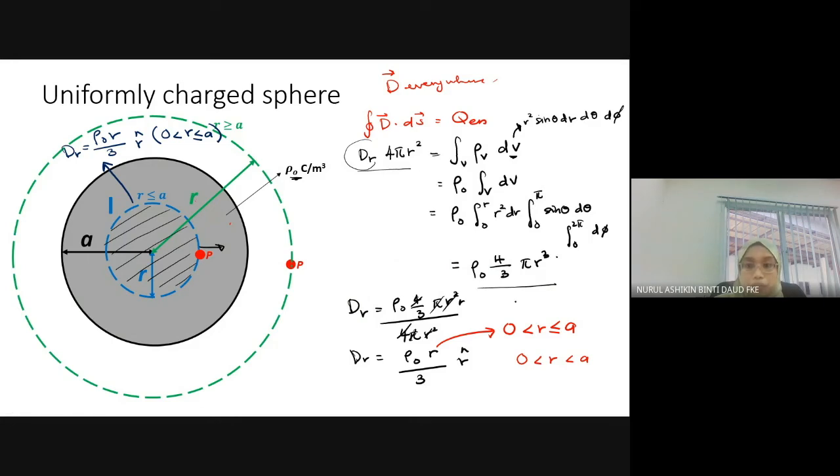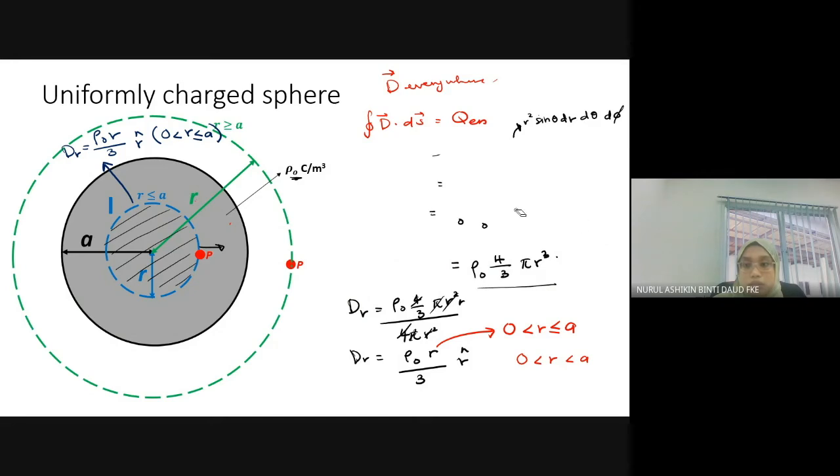Now allow me to erase this part because I don't have much more space, but I will leave this formula because I'm going to use the same formula.